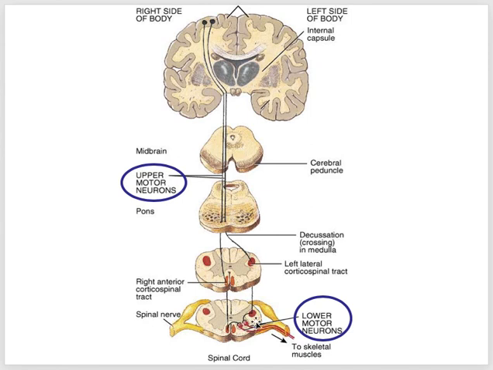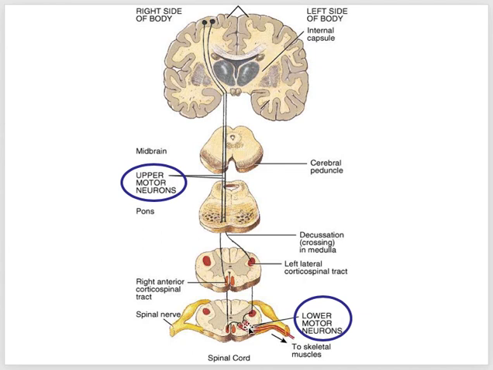And if there is a second order neuron, for example in the medulla oblongata, of course they enter the spinal cord and synapse with the third order neuron.